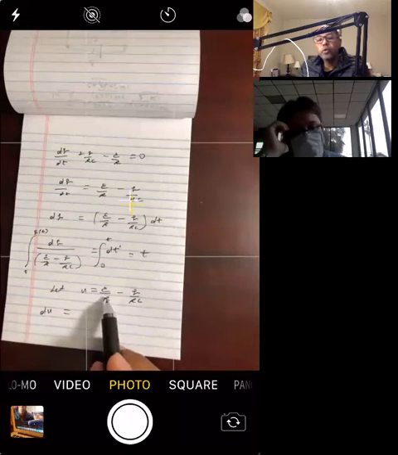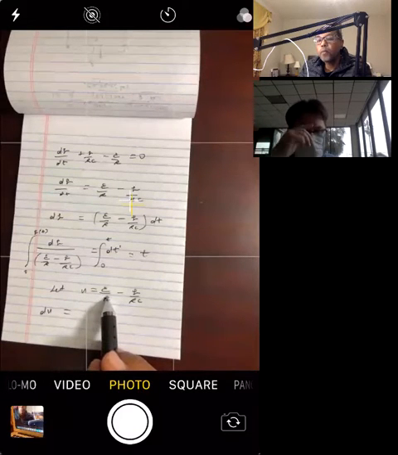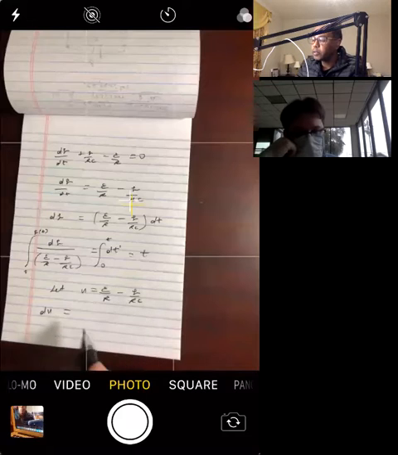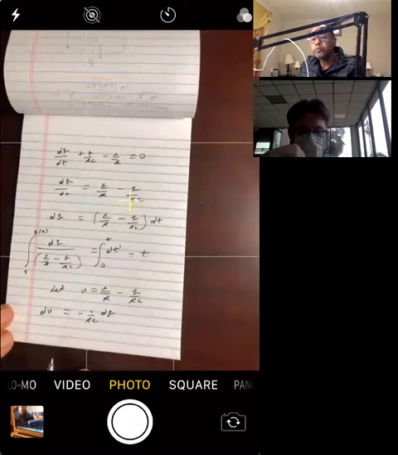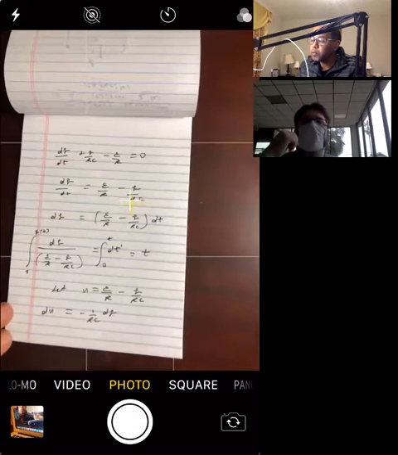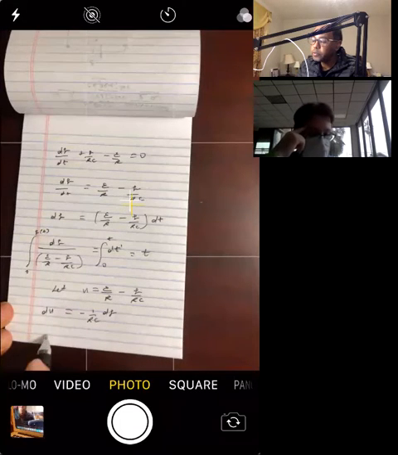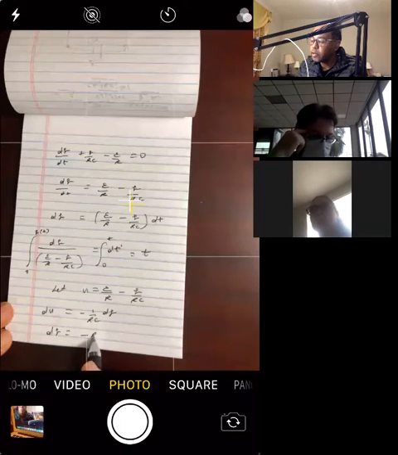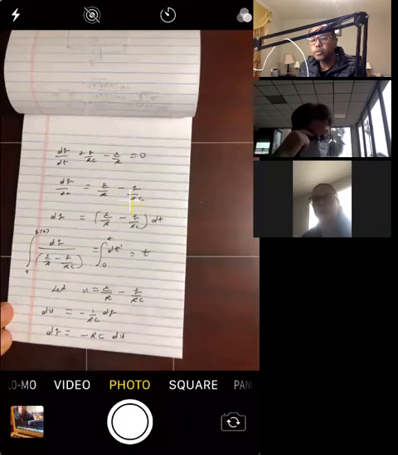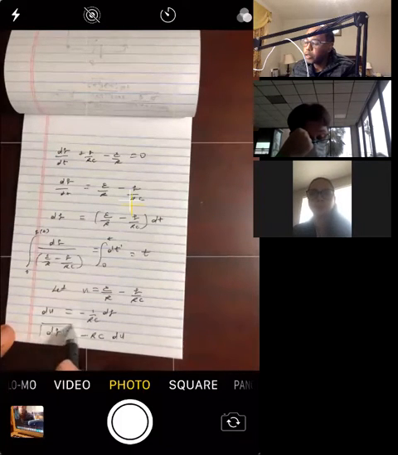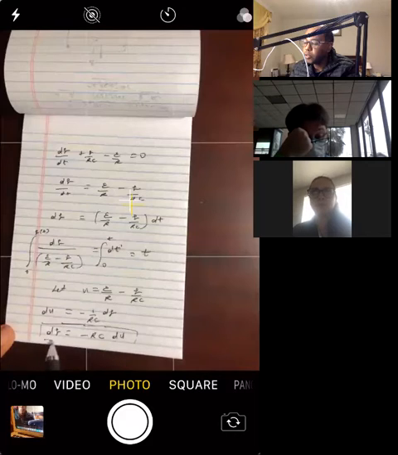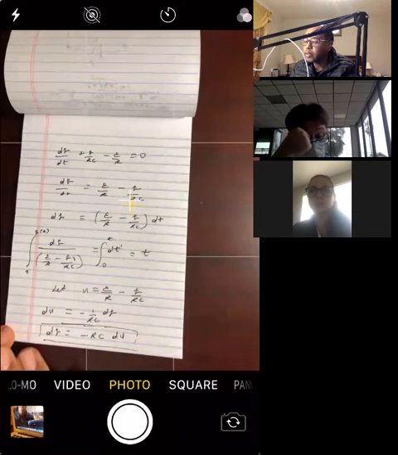The derivative of the constant is 0, and so we just get negative 1 over RC times dq. I'm trying to search for dq, so dq is negative RC times du. I'm going to replace dq by this, and I'm going to replace the denominator by u.